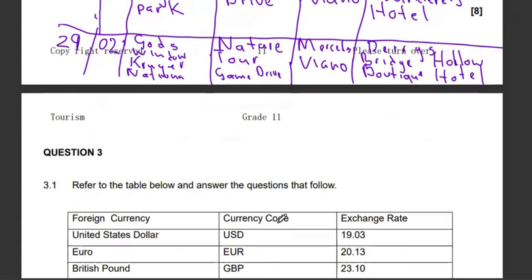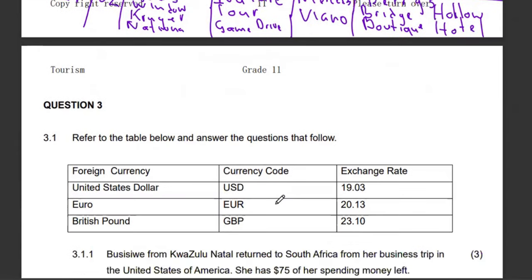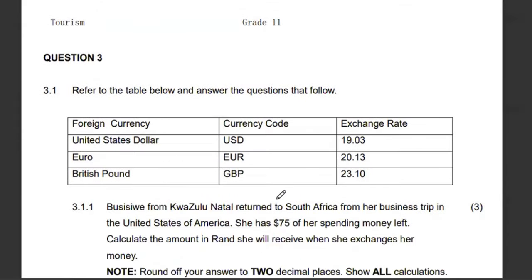Now moving on to 3.1. It says refer to the table below and answer the questions that follow. This is foreign currency: the currency code and the exchange rate. US dollar, USD, trading at 19.03. The euro, EUR, 20.13.